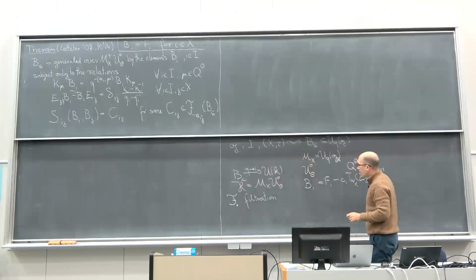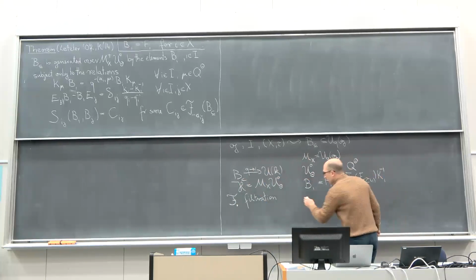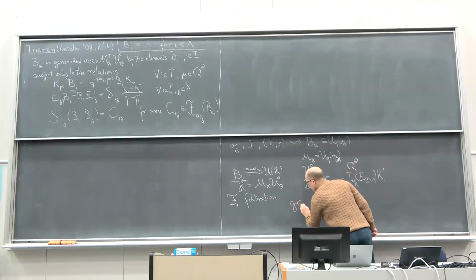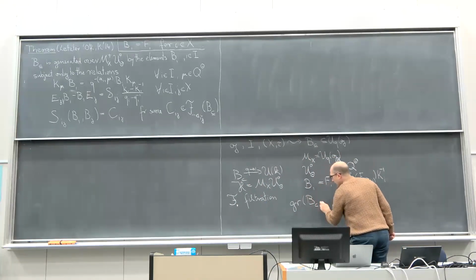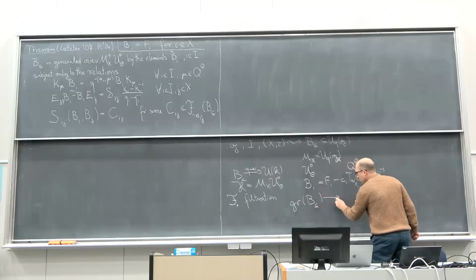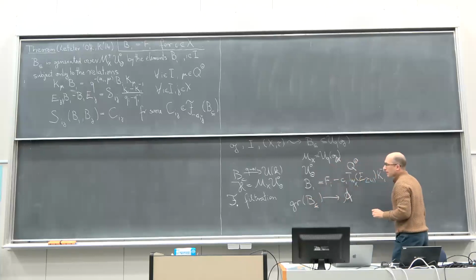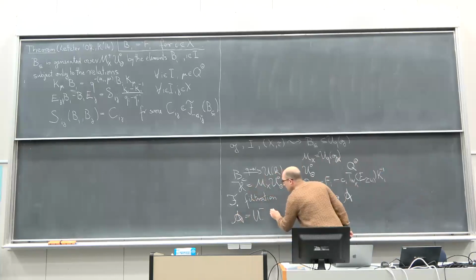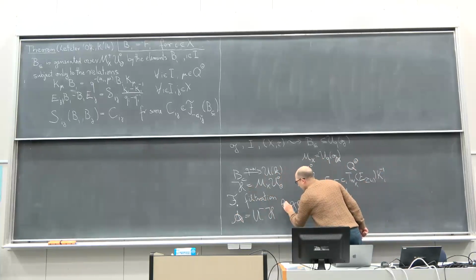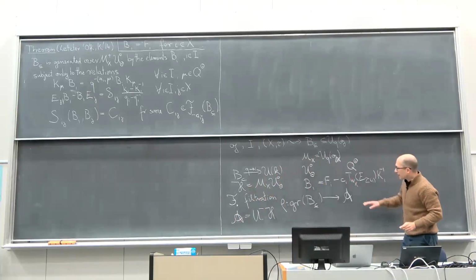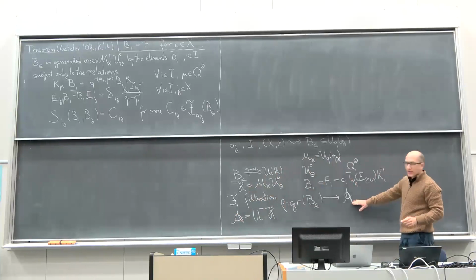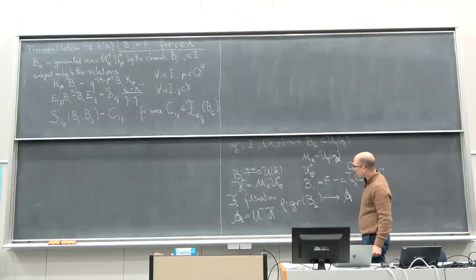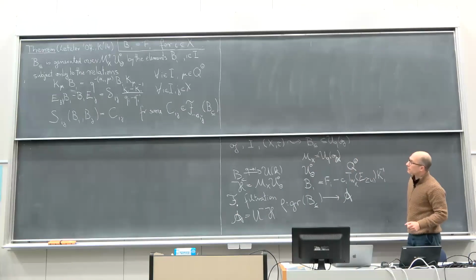Then we saw that if we look at the associated graded of B_C, this thing is isomorphic to this algebra A, and A was nothing but U^- times H. We call this map phi. Because we have this isomorphism, and because we can write the algebra A in terms of generators and relations, we essentially also know how to write B_C in terms of generators and relations.